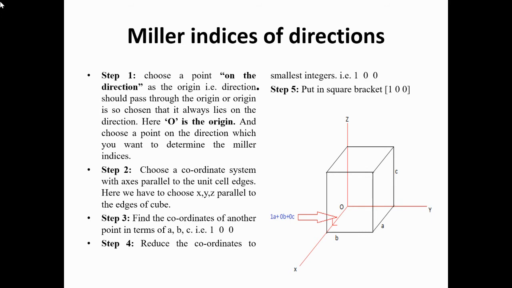Why square bracket? Because it is the international convention that a direction is always in square brackets. If you do not put it into the square bracket, it cannot be considered a direction. So that is how we can determine the Miller indices of a direction within the cube.